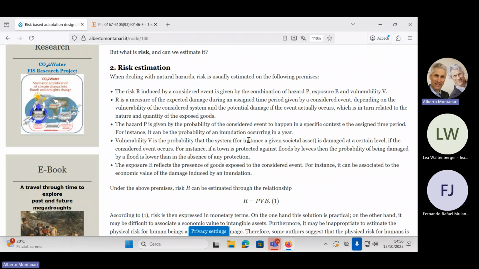It is very simple, and indeed this is a definition that has been developed at the international level. There are some additional factors that may be considered, like, for instance, some people want to highlight the value of preparedness of the population.